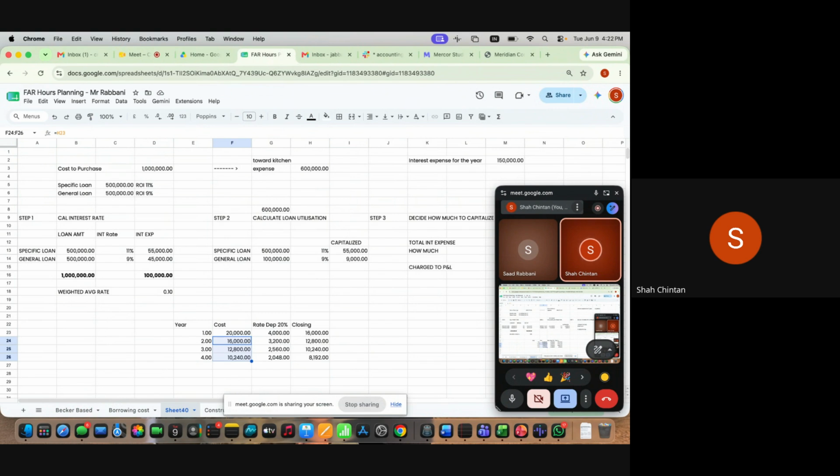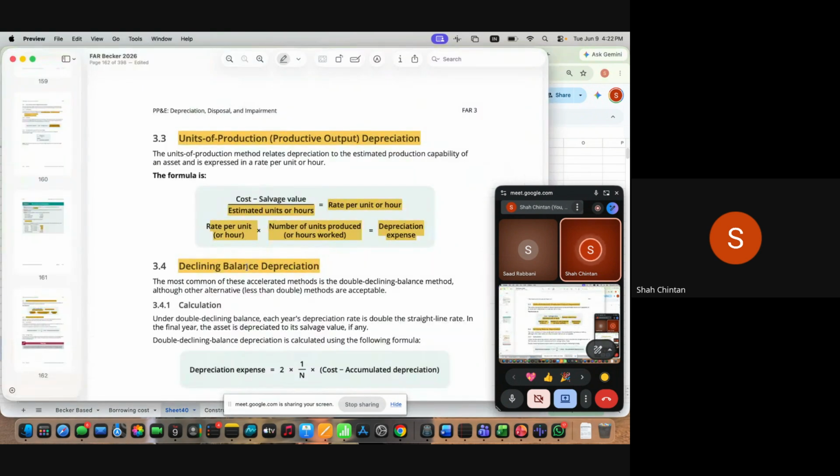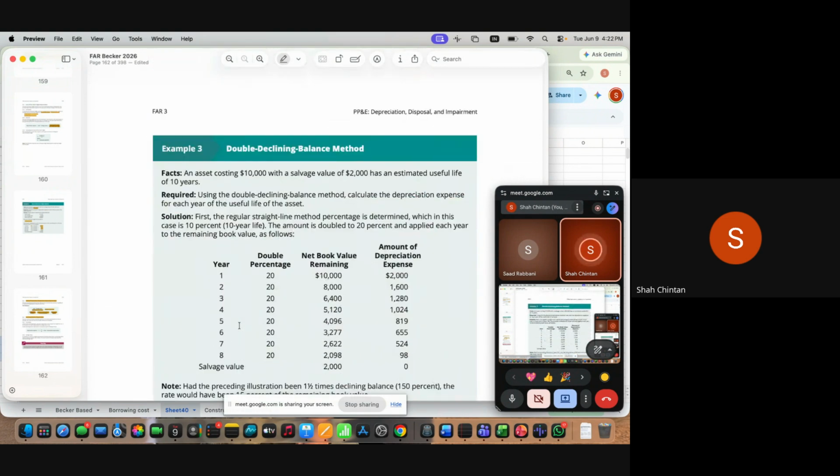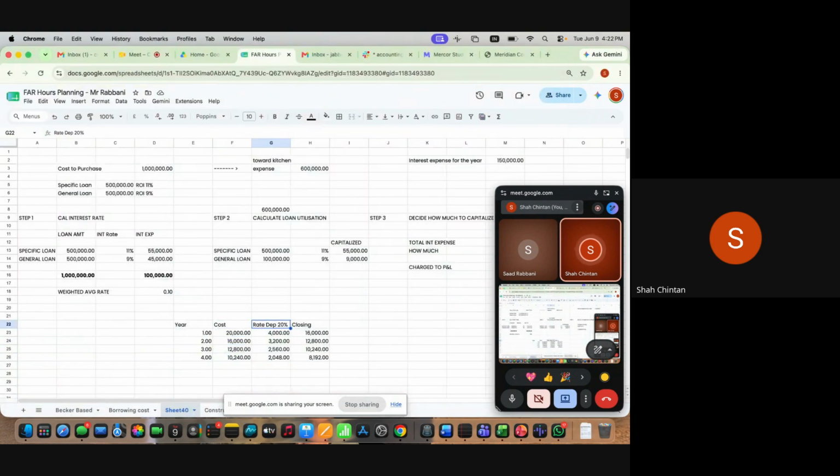Now in your syllabus, you have a double declining method. So what is the meaning of double declining method? You just simply double the depreciation. So I'm coming to example number 3, but before that, let's do a double declining here. What will happen? Your normal rate is 20%. If you want a double decline, you just multiply by 2. Same way, you multiply the depreciation by 2. So it's an accelerated method of depreciation where you are providing more depreciation than what a normal calculation would give you.